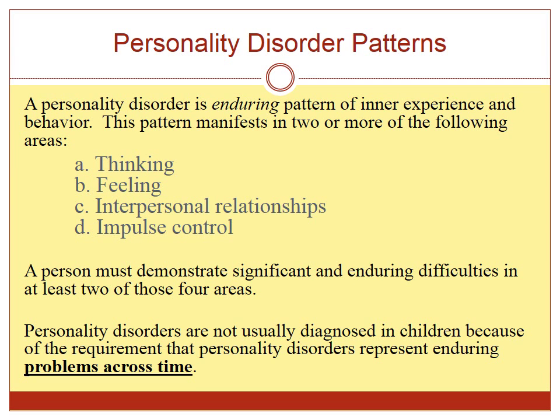Personality disorders are not usually diagnosed in children because of the requirement that personality disorders represent enduring problems across time. So a 7-year-old who is problematic for a few months does not represent a problem across a significant amount of time.